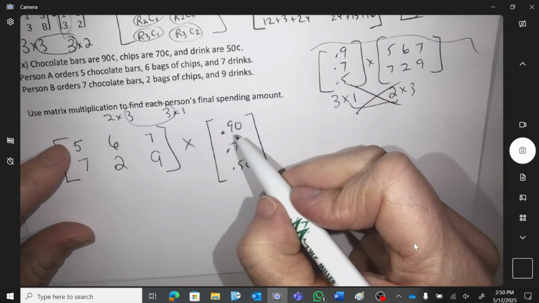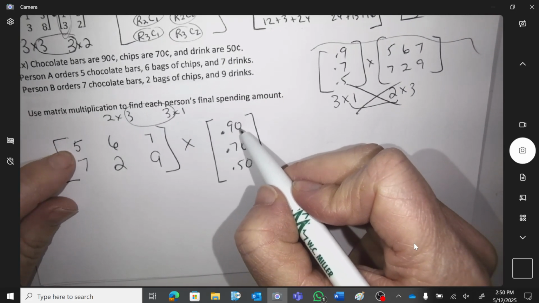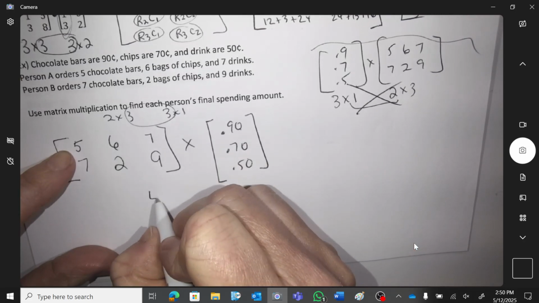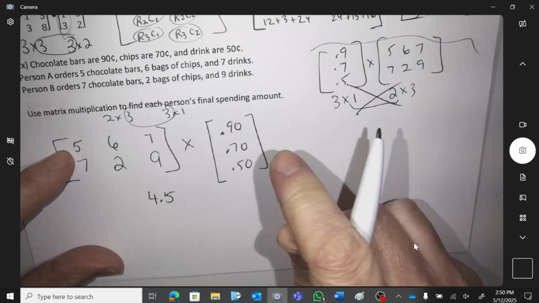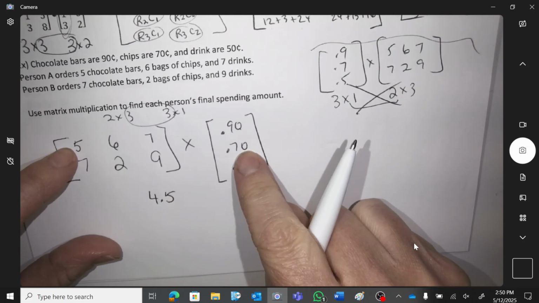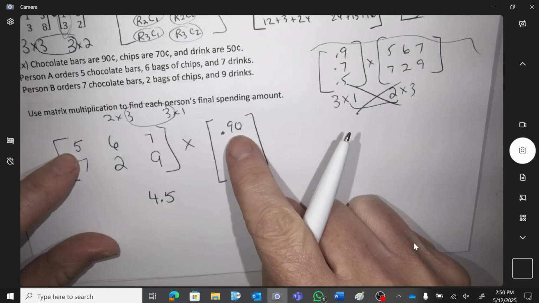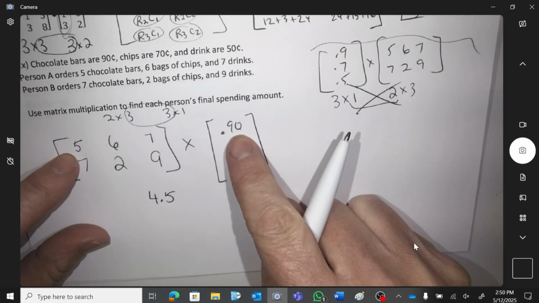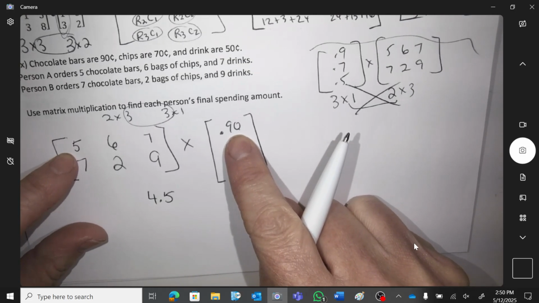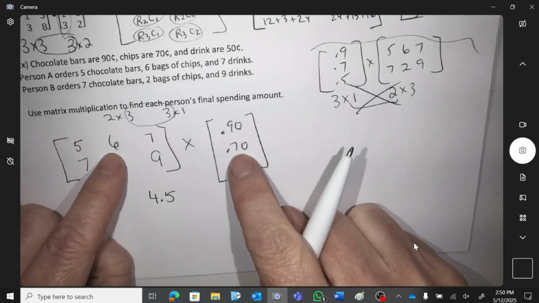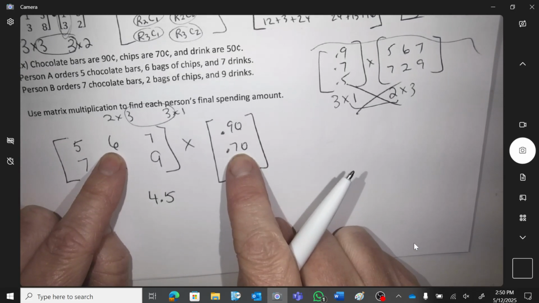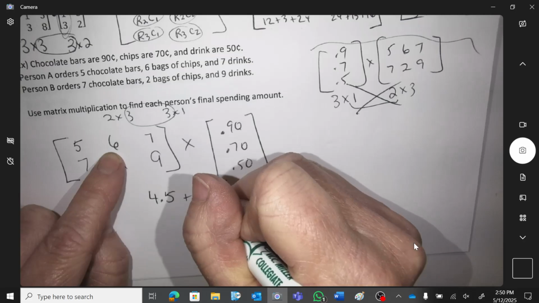Okay, here we go. 5 times 0.9, 4.5. We don't actually have to do this mentally, right? Well, what's 5 times 9? Can you do that mentally? Yeah. Okay, what's 6 times 7? 42, so 4.2.